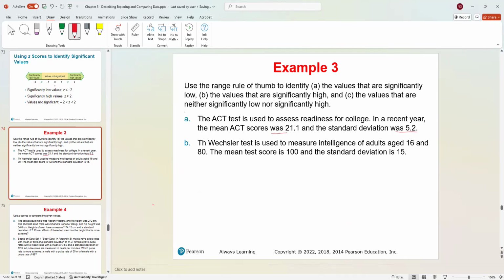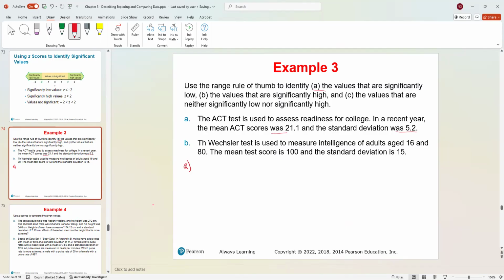Remember, if you find the mean and the standard deviation, you can check significance. We want to know about two standard deviations. For part A, they said to use the range rule of thumb to identify these three.